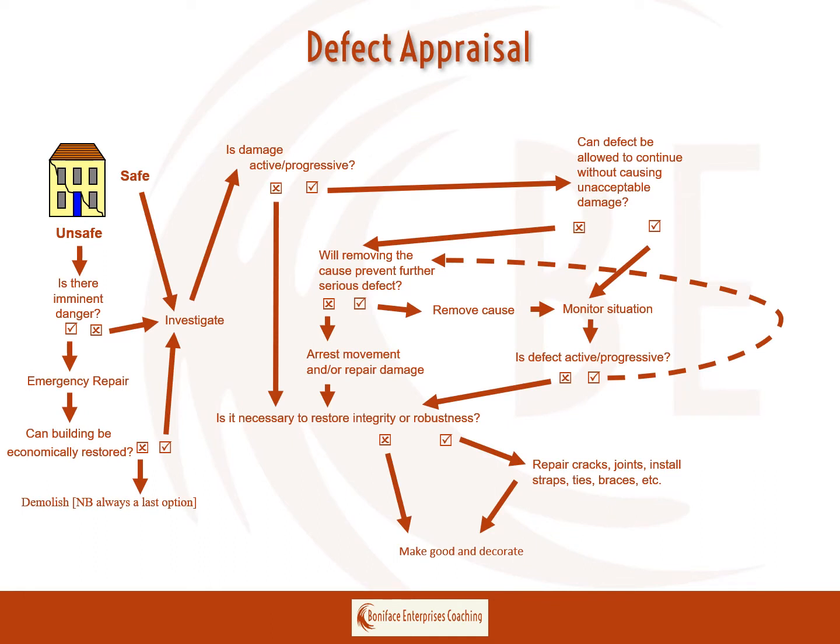Some years ago, I came up with this very basic flowchart to help me to understand how to analyse a defect and understand what sort of interventions might be appropriate. And so here we have a property where there is a defect, and the first consideration is whether the building is fundamentally safe or unsafe.